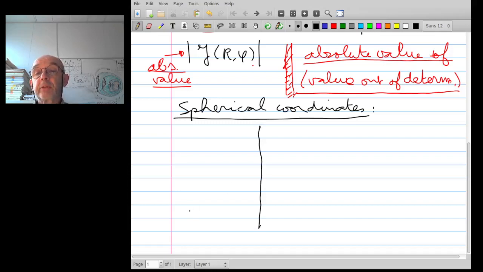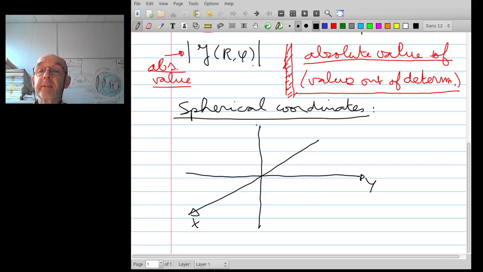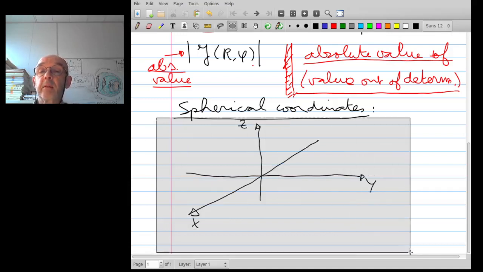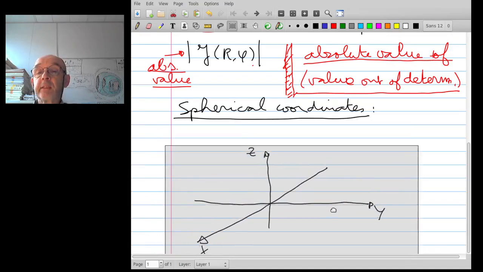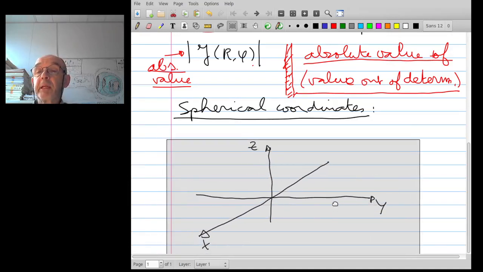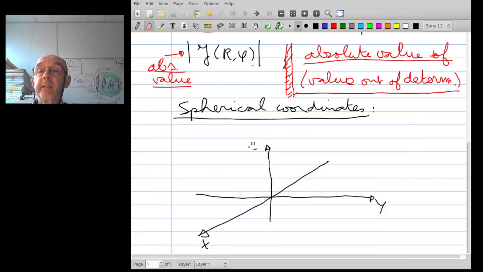As I told you already, we always have a right-oriented vector space, so x to the front of you, y to the right, and the z goes up. And now I think for the z-axis I can better take something longer, something bigger. So I will have this one here.